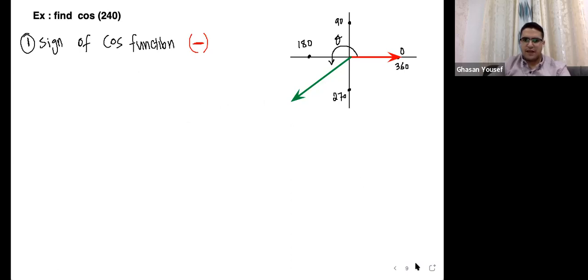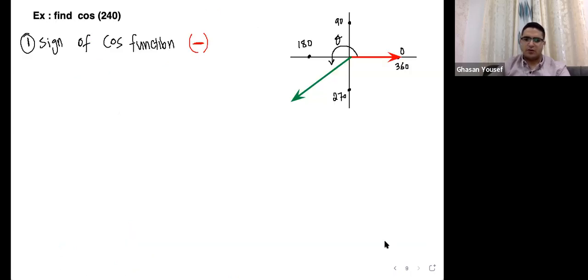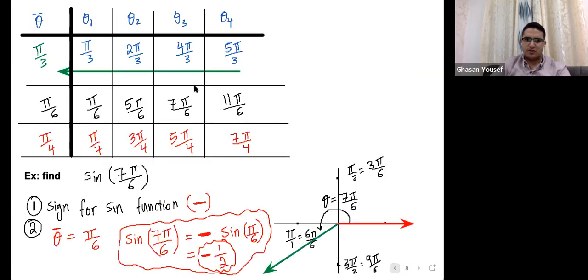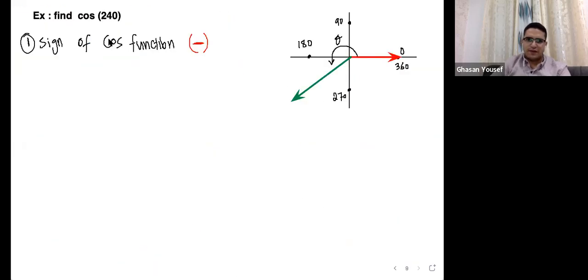If the reference angle is not given in the table like this and is hard to find, you have to know the steps like here. You have to use this way. The reference angle is an acute angle, first of all, the angle between the terminal side and the x-axis. So this is my terminal side.